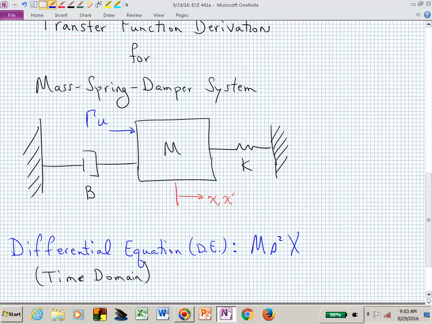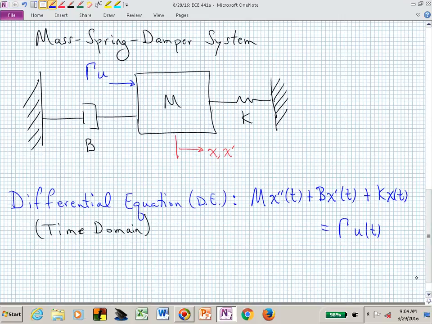Whoops, what am I doing? I'm already going into the frequency domain. Sorry. Let's do the time domain. This is m, the mass, times the acceleration, plus the dash pot times the velocity, plus the spring constant times position, and that's equal to gamma u of t.